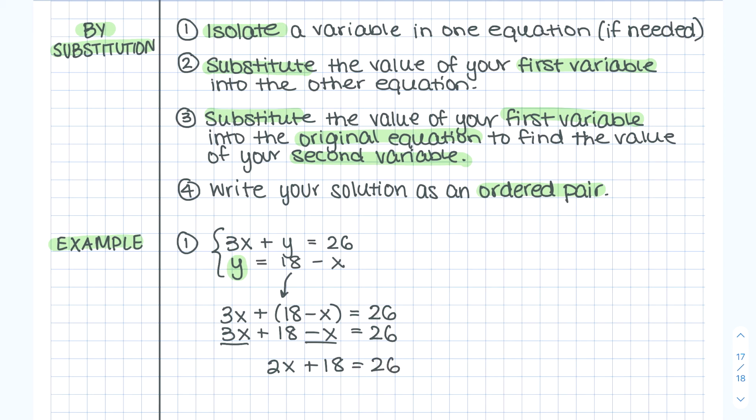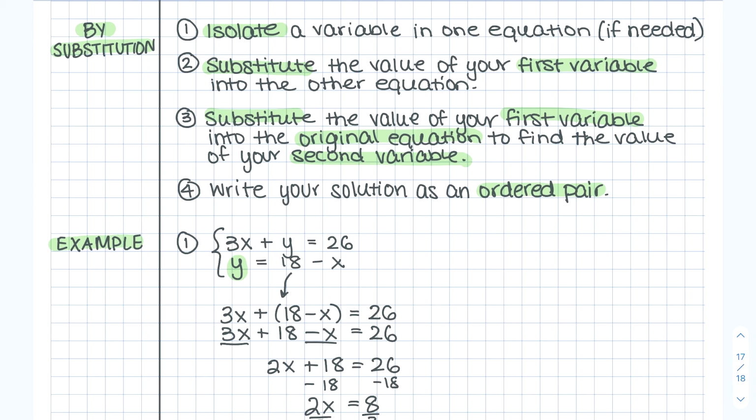Okay, I want to isolate my x, so I'm going to subtract 18 from both sides, which leaves me with 2x equals 8. And then I'm going to divide by 2 on both sides, which leaves me with x equals 4. So I have my x value, okay?